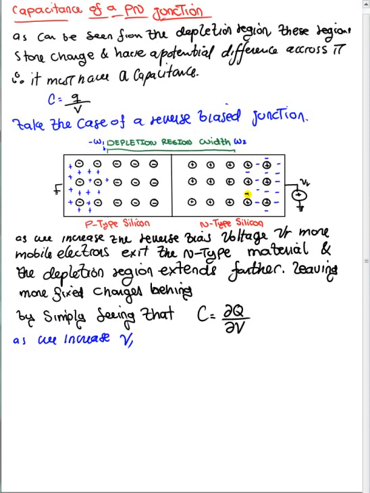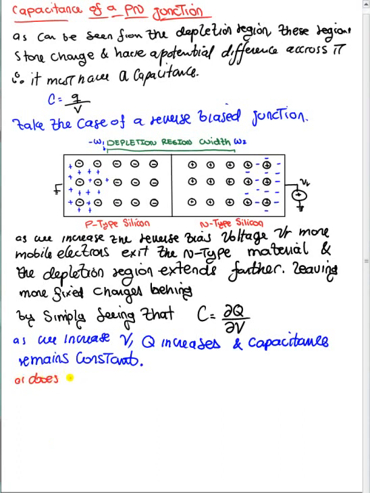So you increase the amount of charge stored in the depletion region. So Q increases, and the capacitance remains constant. Or does it? Let's keep increasing it and see what happens.